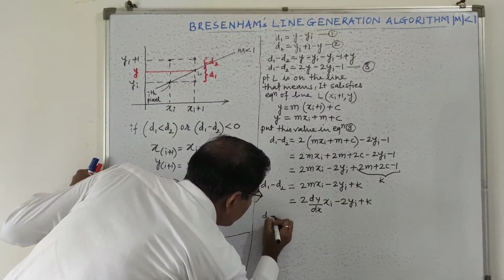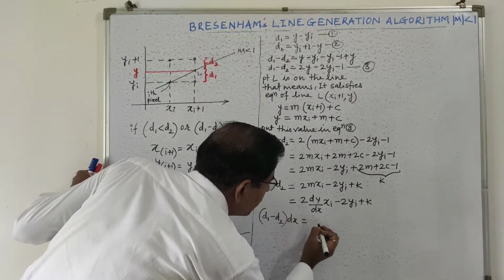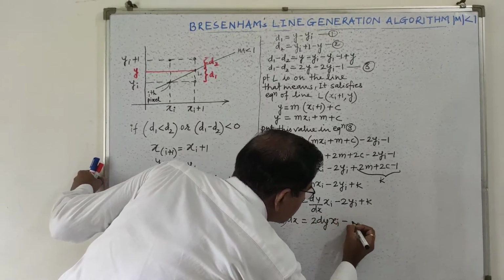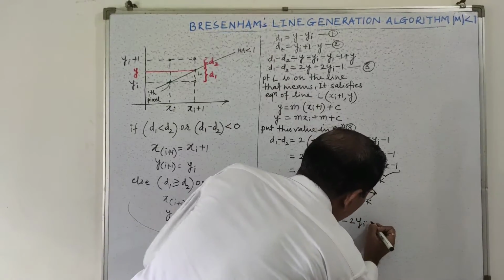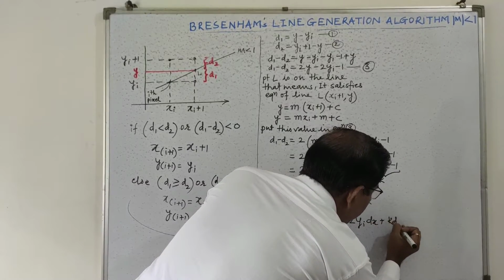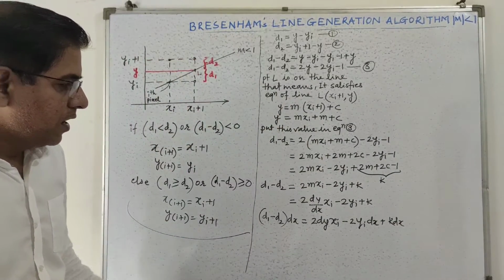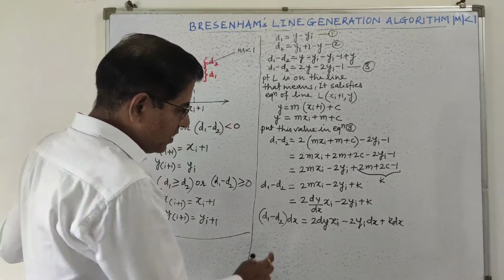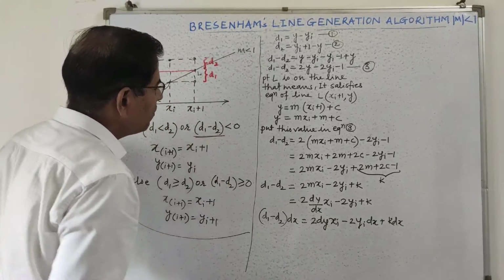So (d1 minus d2) into dx is equal to 2 dy xi minus 2 yi into dx plus k dx. Okay. So this is that expression which will give you the value of d1 minus d2.